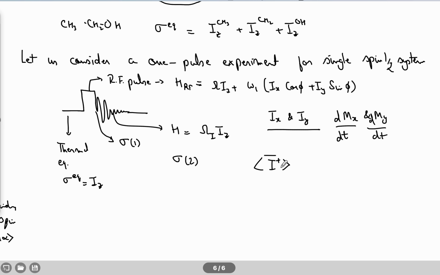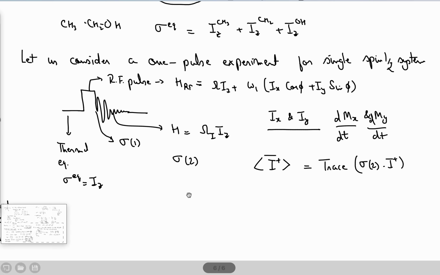To measure the expectation value at the end of this experiment, all we have to do is take the trace of sigma 2 times I plus. Find the matrix sigma 2 into I plus, take the trace, and that will be your expectation value. That will be your measurement of what is happening with the transverse magnetization by the end of the experiment. All right.